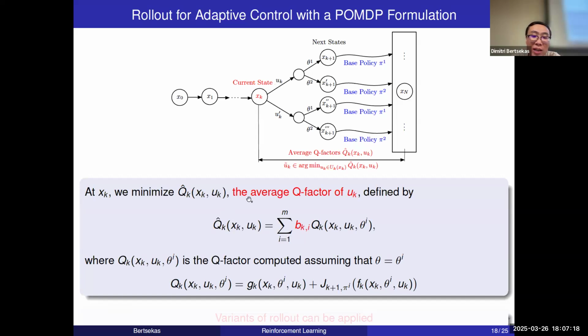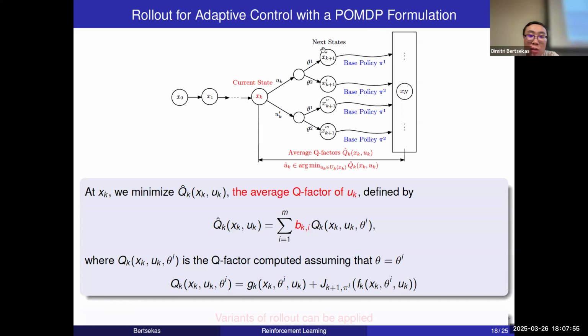And we get the average Q factor of uk in this form, where each qk is a trajectory assuming theta equal to theta i, and it's the immediate stage cost of the stage plus all the future cost of starting from the next state using the base policy that is tailored for theta equal to theta i.